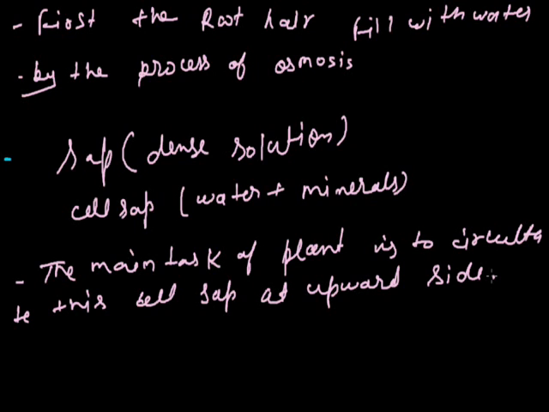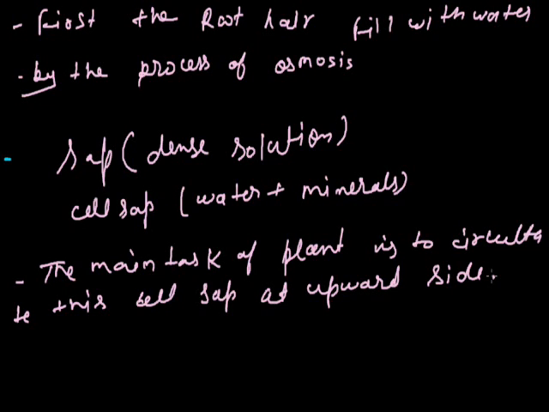There should be some force which transports the water from the root to a height of up to 150 meters. Plants can have a height of 150 meters and beyond.